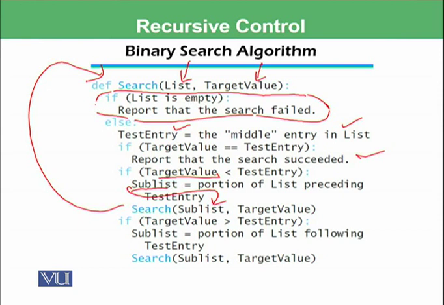So this means the actual list which was passed by a previous function is on hold, as the call of your friend was on hold in the previous module. And similarly, if the target value is greater than test entry, then the sublist is computed by getting the portion of the list following test entry, and that sublist is again sent to the search function. This means again the function is being executed.